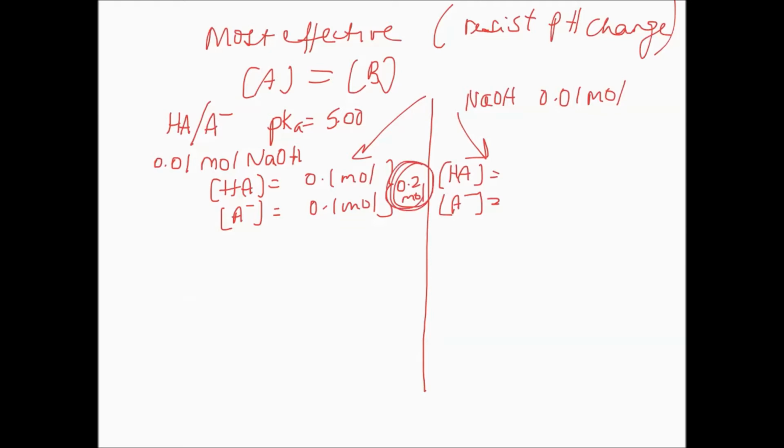In the other case, I have a skewed ratio, so I have maybe 0.18 moles of the acid and 0.02 moles of the base. It still adds up to 0.2, but the ratio is skewed. It's not equal concentration. And I want to see how it's going to change the overall effectiveness of the buffer.